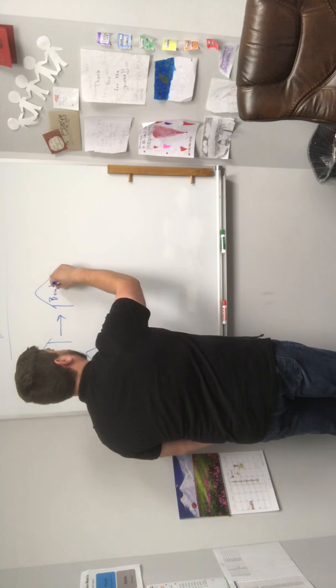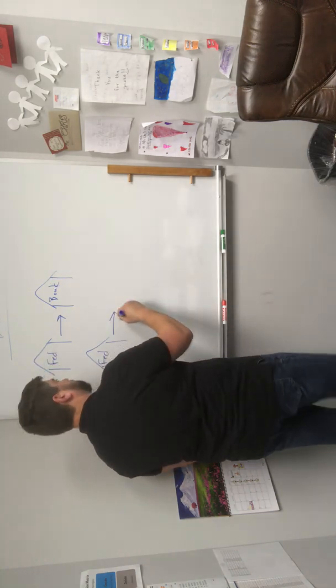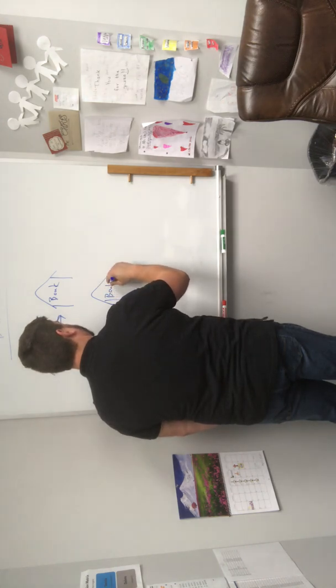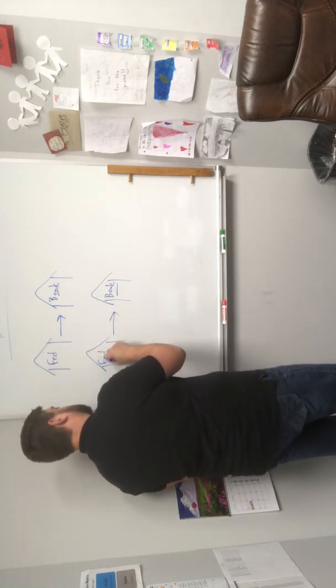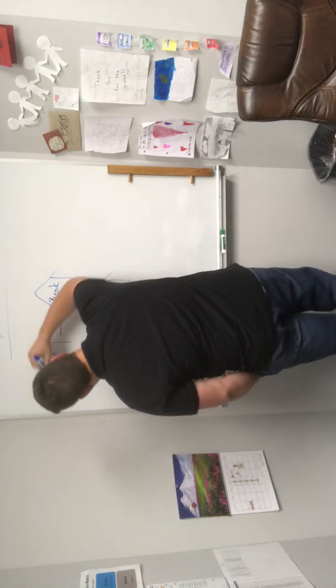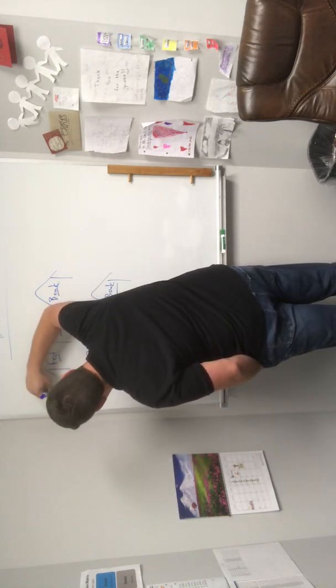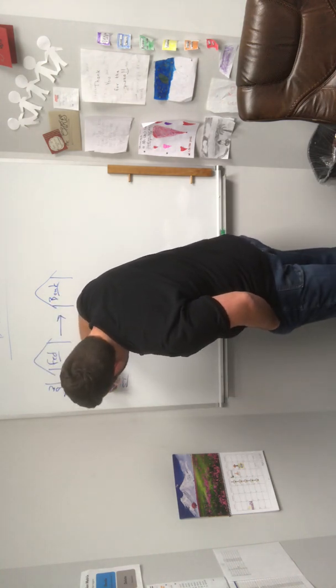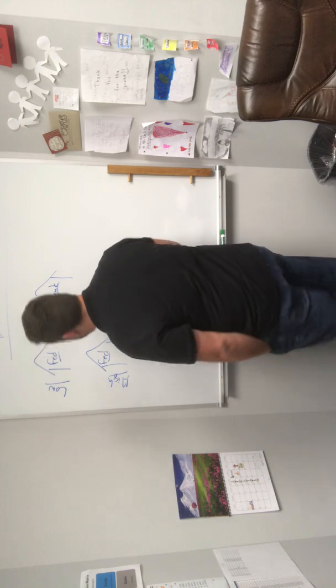Let's say it's Columbia. This scenario represents a low discount rate, and this is going to represent a high discount rate.